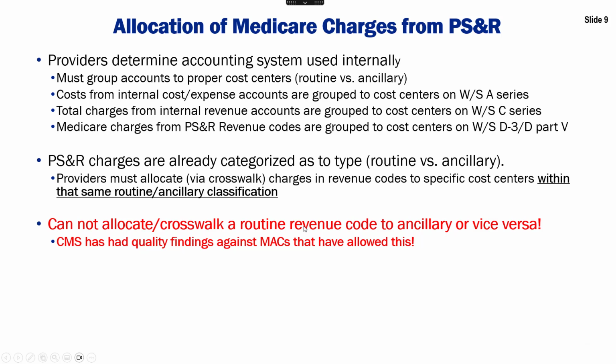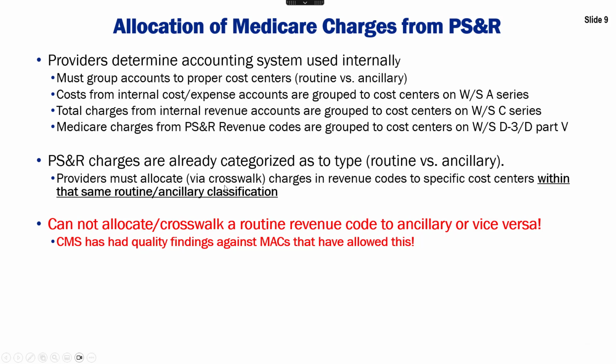Now, as we said earlier, your PSR charges have already been billed a certain way, they've already been processed a certain way, and they show up on the PSR as either routine or ancillary. The provider needs to submit the crosswalk for how they've allocated those revenue codes to cost centers.